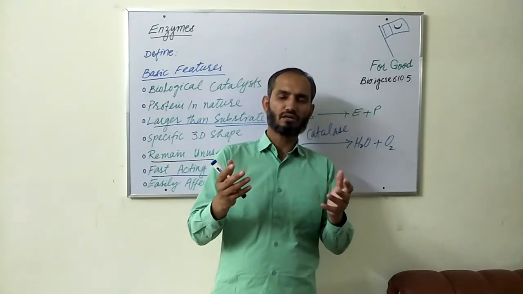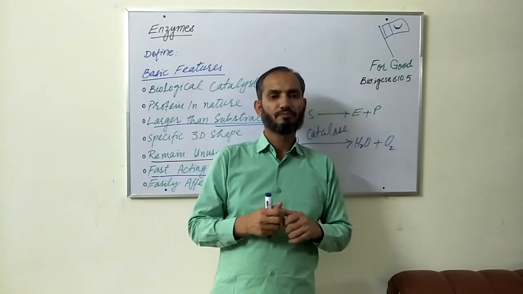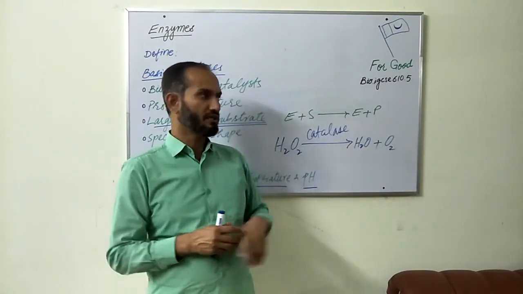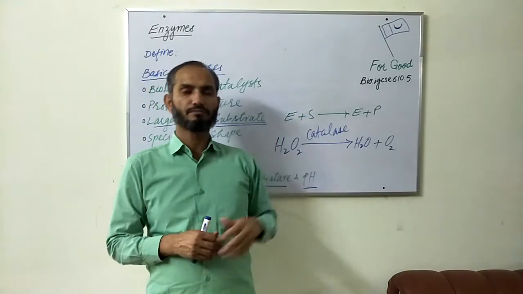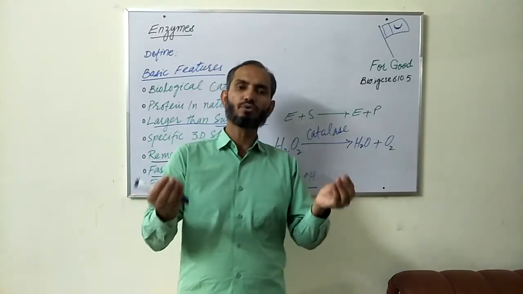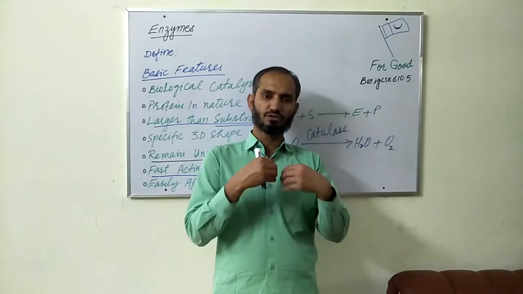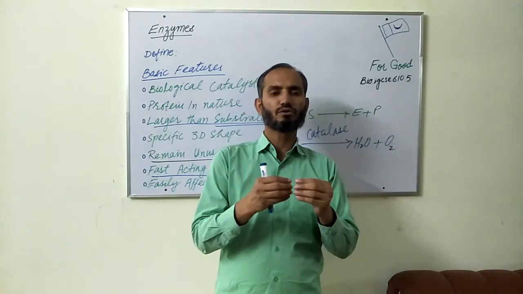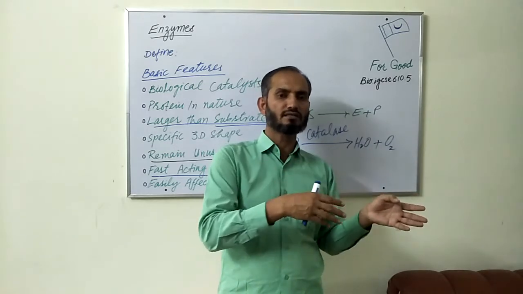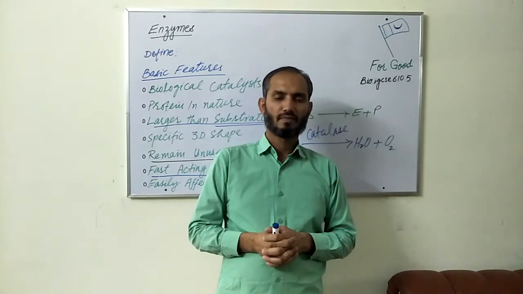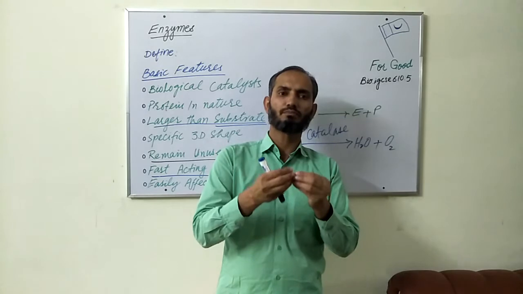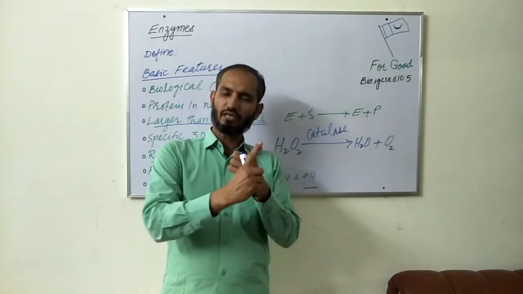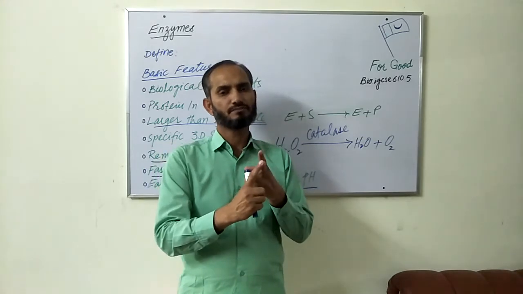This type of reaction is called anabolism, and there are some enzymes which are anabolic in nature. Breakdown of starch is a catabolism, and joining of glucose molecules to make glycogen in our liver, or joining of glucose molecules to make starch inside the plants, is anabolism. Joining of amino acids to make proteins is anabolism. So enzymes are catabolic in nature, they are anabolic in nature.